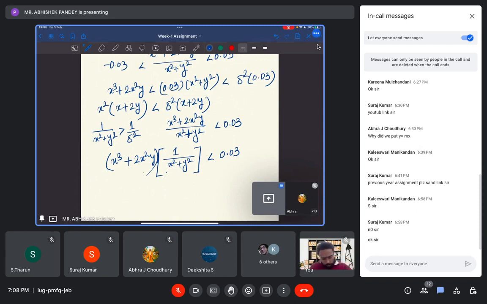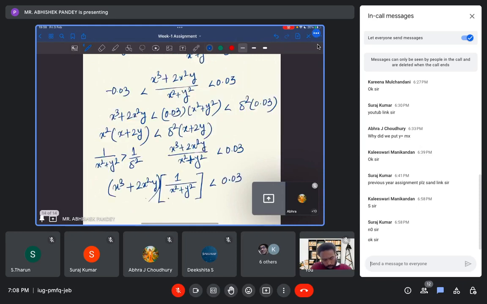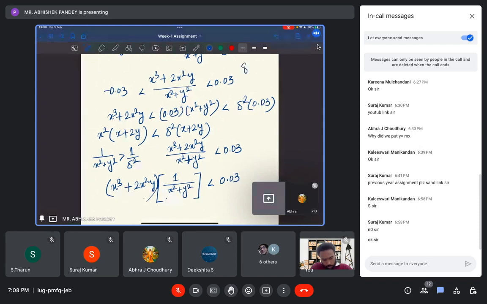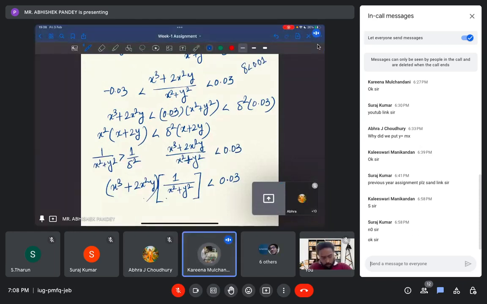Okay, I will leave this question here, and we will see this question next week, because in my solution this delta I am getting is 0.01, but if we put delta equals 0.01, the things will be different. I think some miscalculation is there. Okay, yeah.